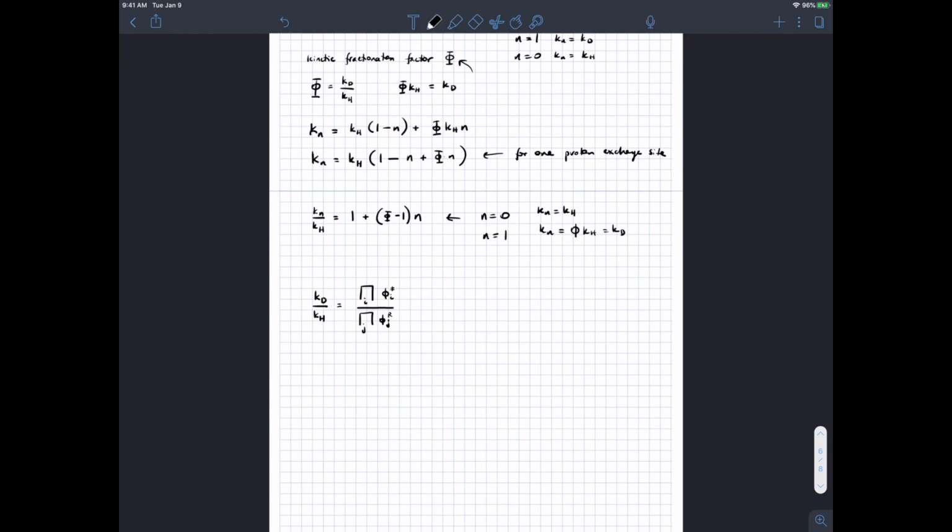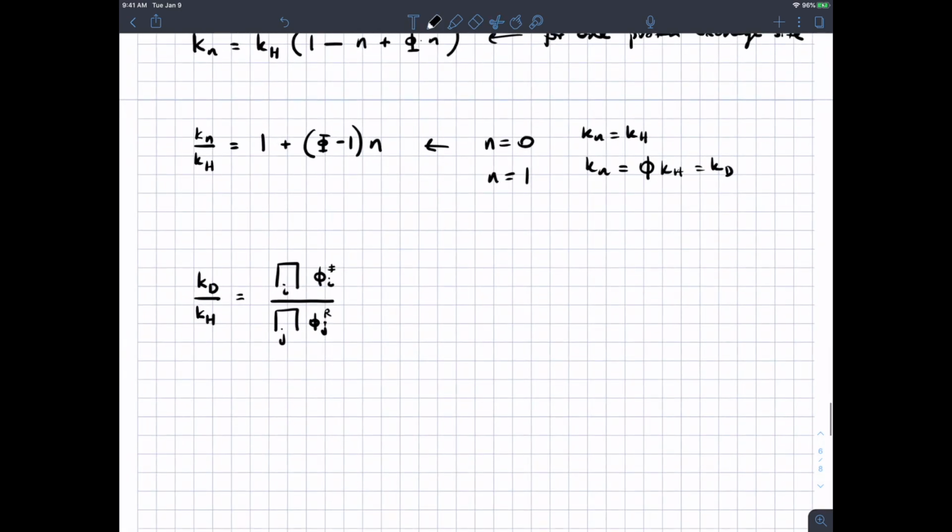So now we're going to go back to our expression of Kd over Kh as being the product of these individual fractionation factors.